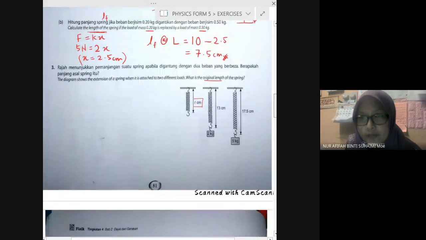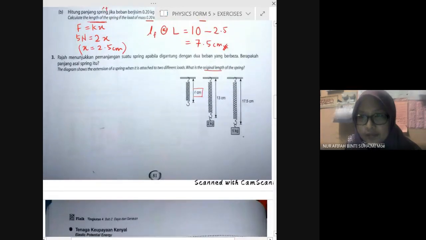Number 3 ni. We have two different loads, two different lengths, 15, 17.5. So how to get the original length of the spring? For this one, you need to find the extension for 1 kilogram, for each kilogram.